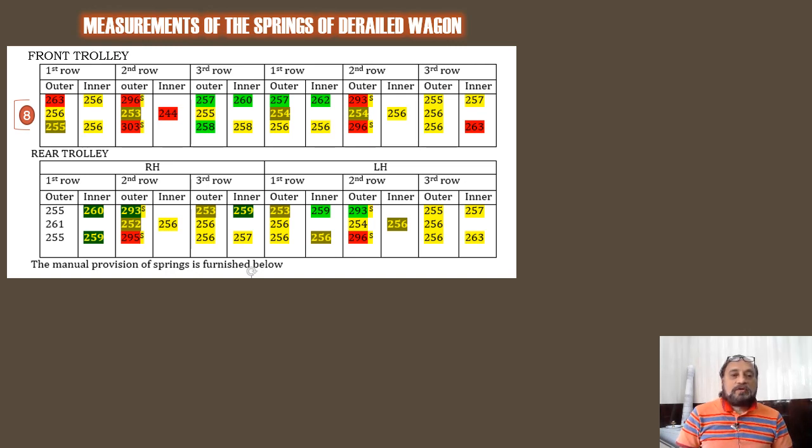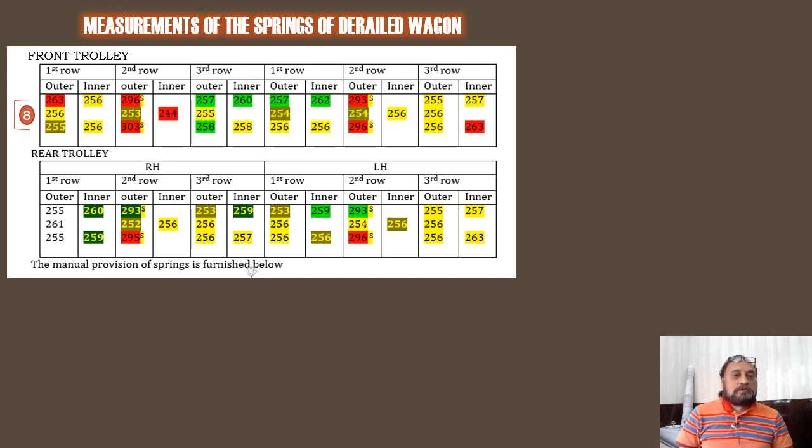So as we saw in previous sheet, that grouping is of utmost importance so that the springs are within the free height range of 3 mm only.